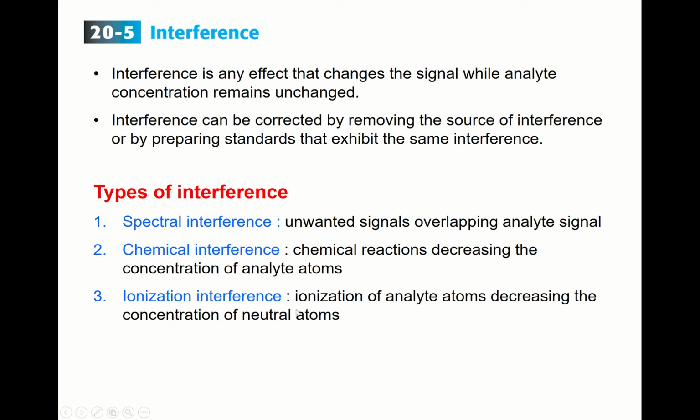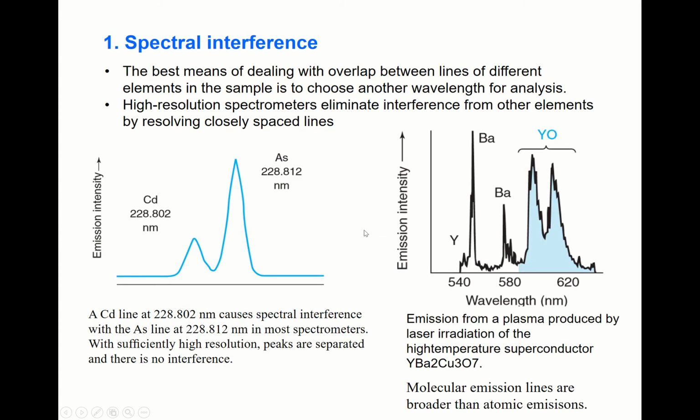In atomization-based techniques, we simply assume that all the elements are atomized, not ionized. But in many cases, ionization, not atomization, takes place, and that interferes with the signal. Let's consider the first one.